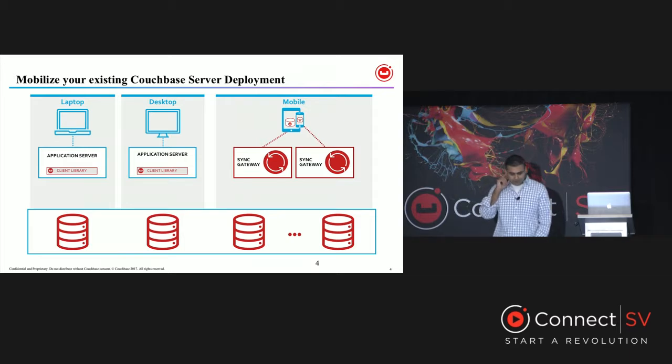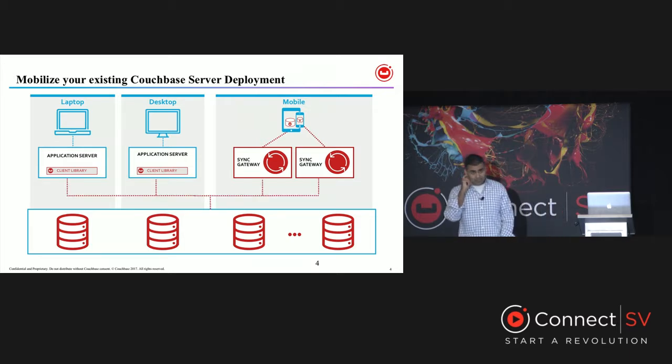With Couchbase 5.0 and Sync Gateway 1.5, which has been released in GA today, that goes away. So you program to Couchbase whichever bucket you want, whether it's the same bucket or different buckets. What that translates into is that you don't have to maintain separate infrastructure.